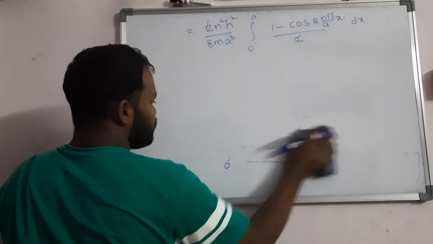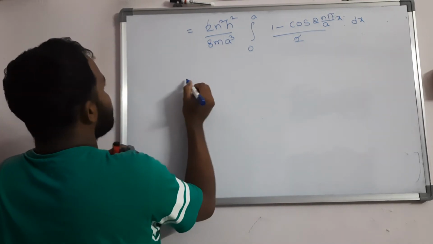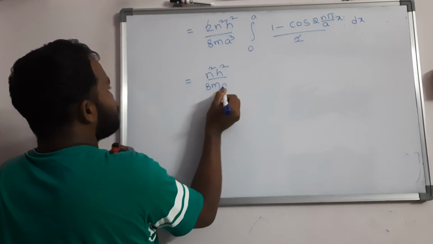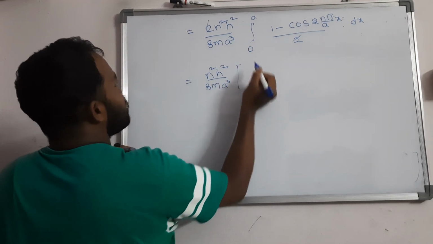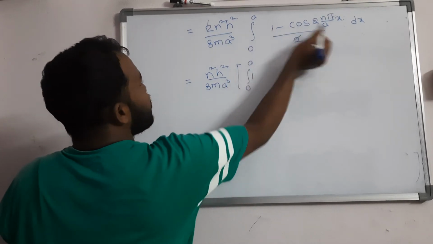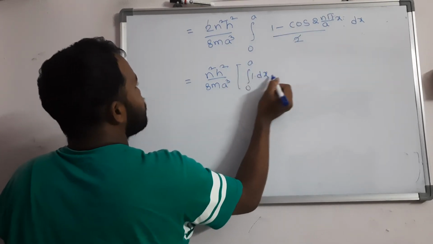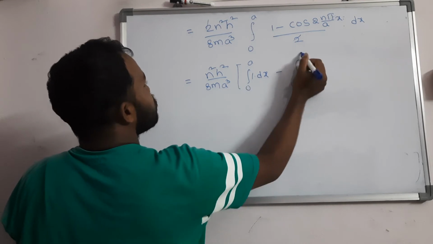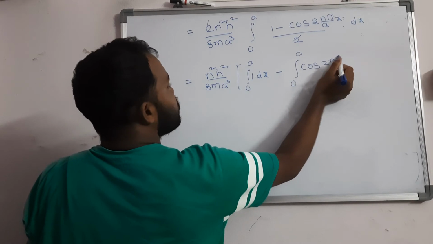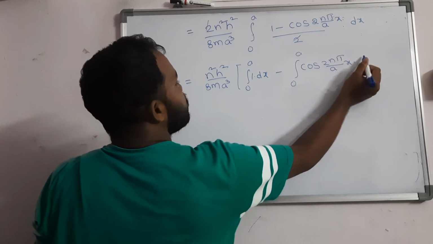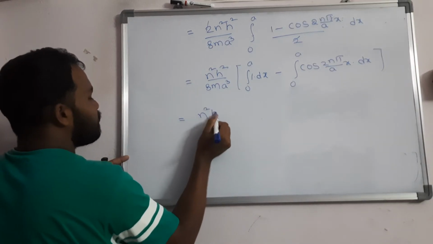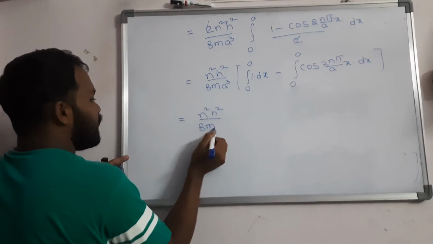So you are left with n square h square by 8 m a cube. Now you should multiply, integration of 0 to a into 1 into dx minus integration of 0 to a into cos 2n pi by a into x into dx. Just multiply the integration inside.